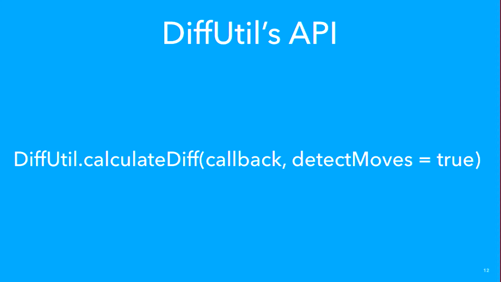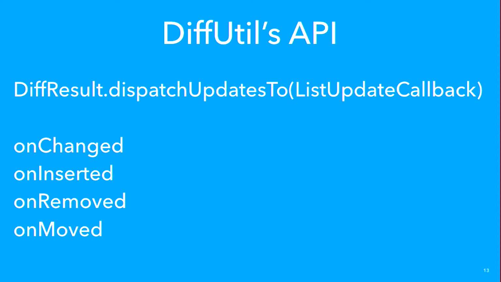And so this is where you'll actually dispatch the changes. You'll calculate the result, and then the result is basically a piece of data. It just knows where the changes are in your two data sets, and then you want to actually dispatch this to something. So you dispatch it to a list update callback, and this is really an actual callback. It means you need to do something with this data.